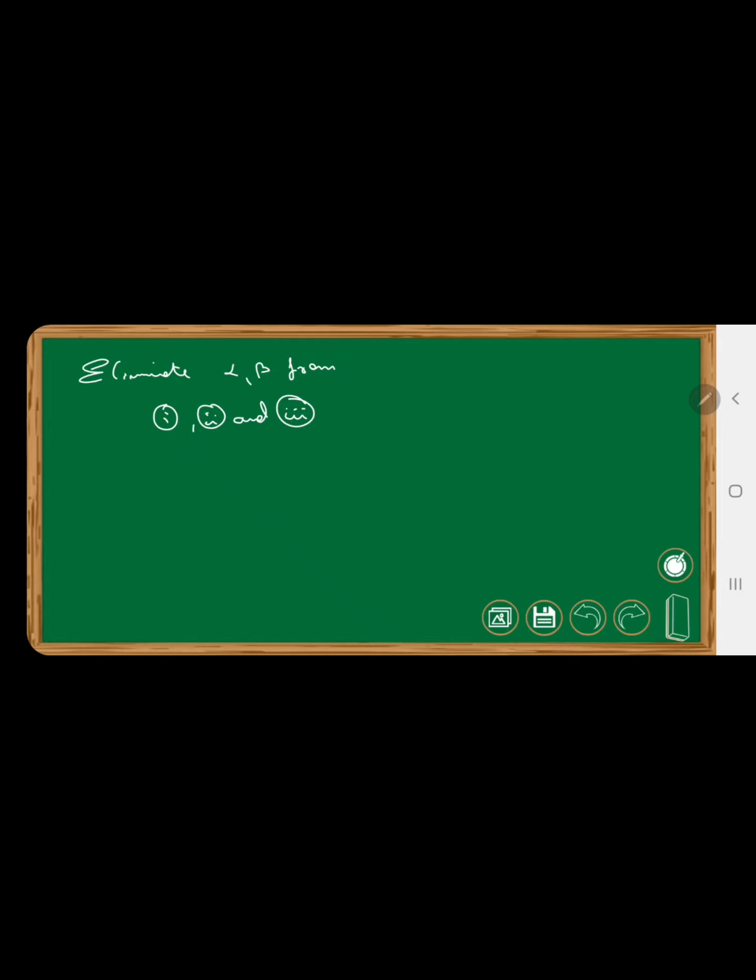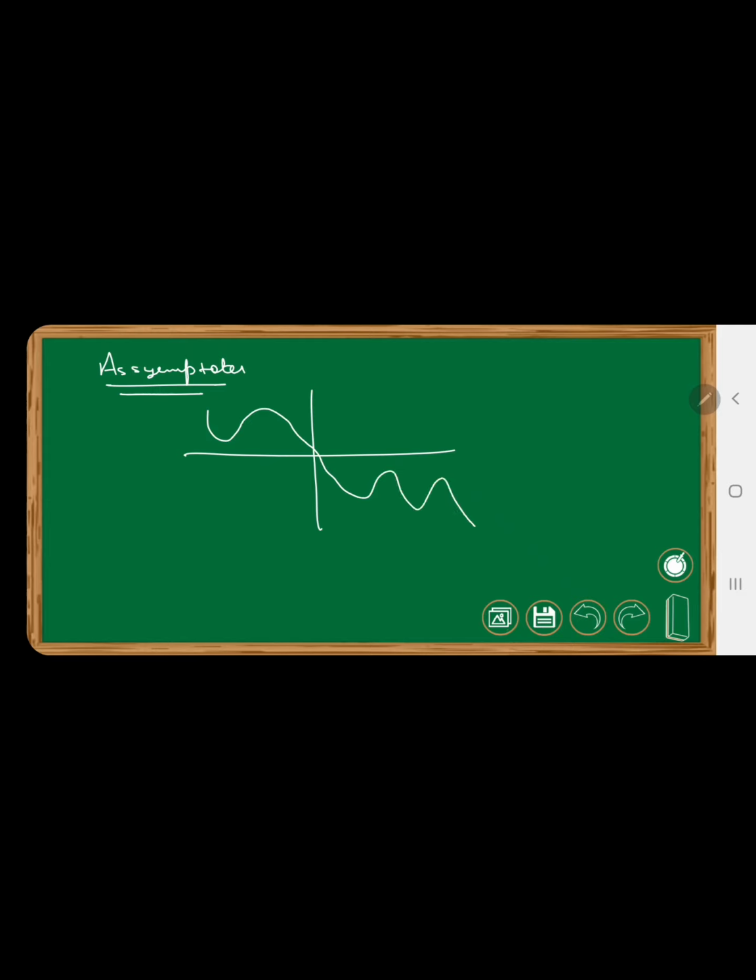Acha. So the next topic which we will be talking about is asymptotes. Okay, what are asymptotes? So suppose you have, let me draw a proper curve.